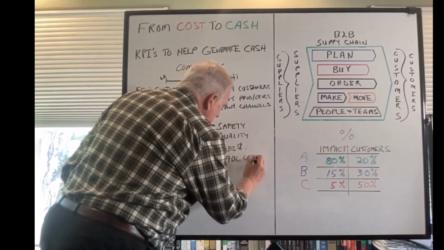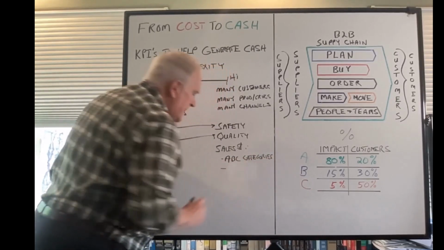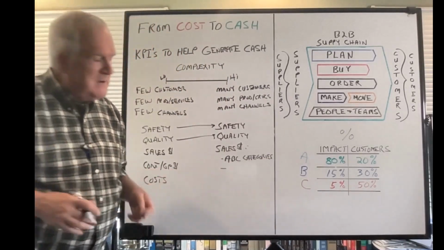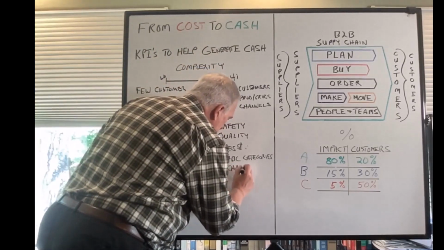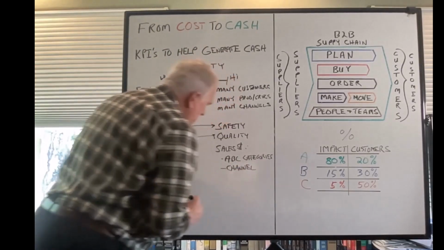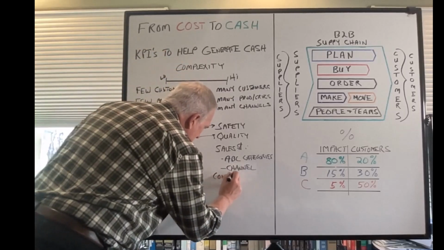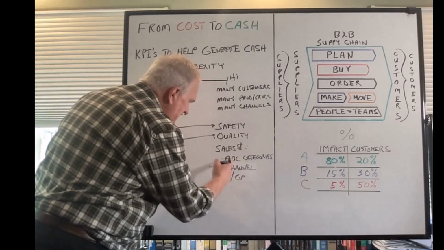Or if you're dealing in multiple channels that have a different result, different levels of profitability and contribution in each channel, you might want to look at it by channel. In terms of contribution or profitability, you want to match what you do here in sales.